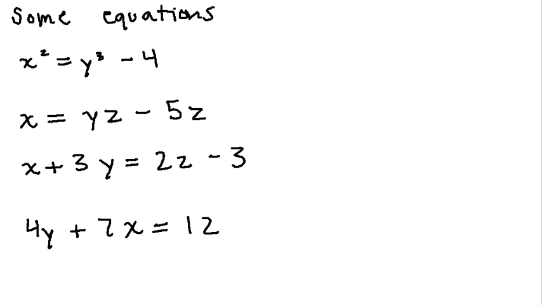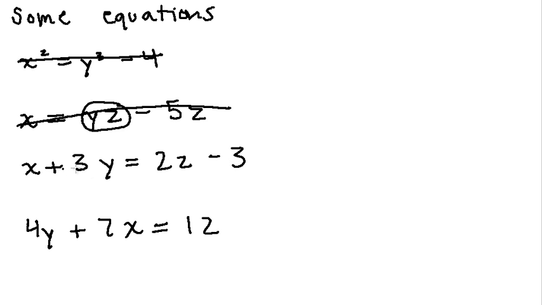So if we consider some equations, we can see quickly that this equation is not a linear equation because there are variables raised to more than the first power. We can also see that this equation is not a linear equation because over here y is being multiplied by z, and we need to have each variable on its own. This equation, on the other hand, is a linear equation.